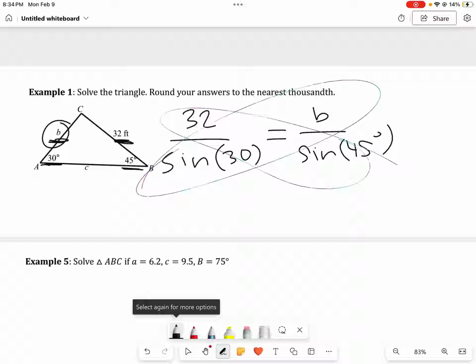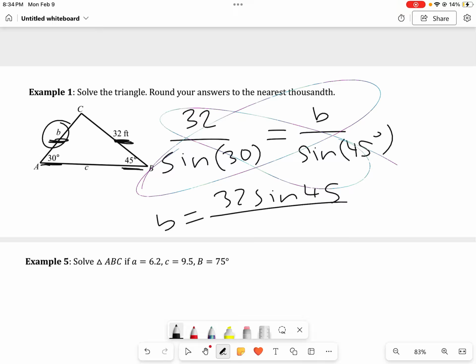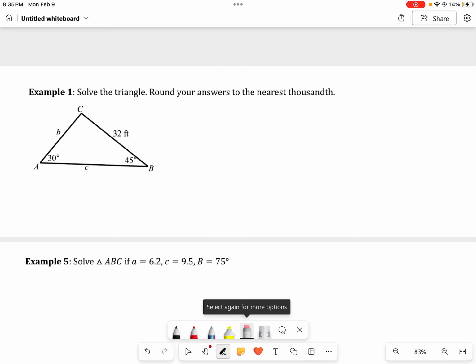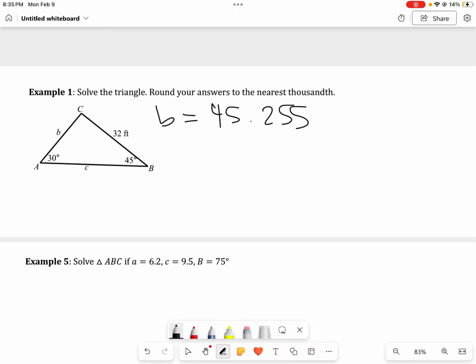You're going to isolate B as 32 sine 45 all over sine of 30. And now you just plug that into Desmos and get B. That will give us that this side, B, is 45.255 feet.